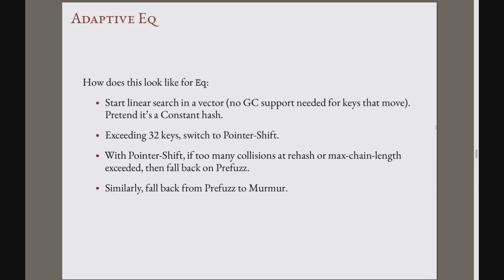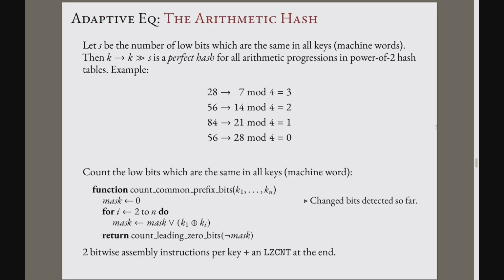So when we exceed 32 keys, we switch to something called pointer shift, discussed later. And with pointer shift, if we encounter too many collisions at rehash time, or there are too many keys in the bucket, then we fall back on SBCL's prefuzz, from which we fall back to murmur if need be.